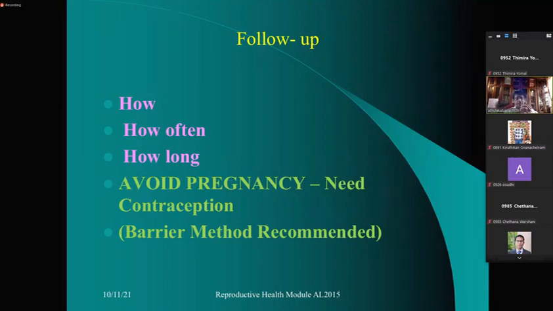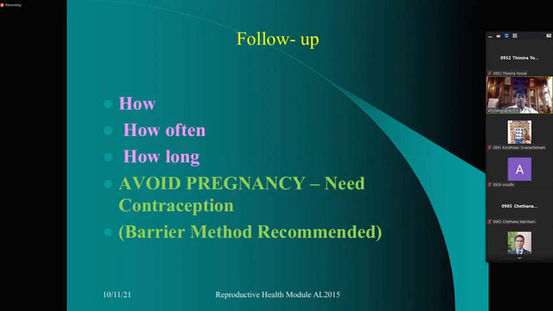Because of that, we need to keep an eye. Sometimes you may need to follow up in your clinics, but for this follow up, most European countries have one center because this is a rare condition. You don't see it every time, so they have one center, or you refer to those centers for regular follow up.